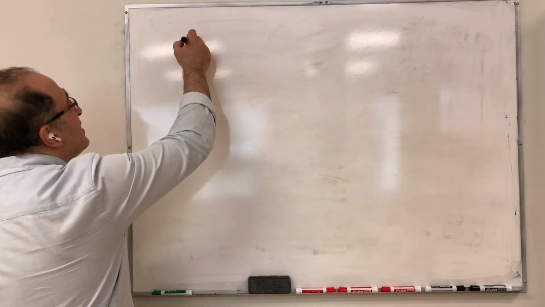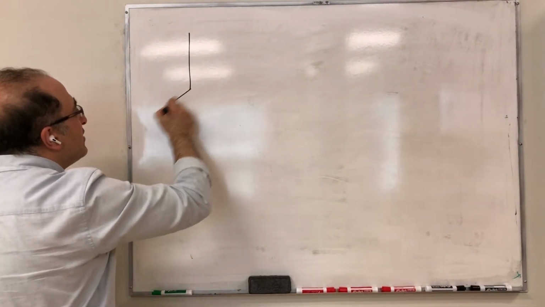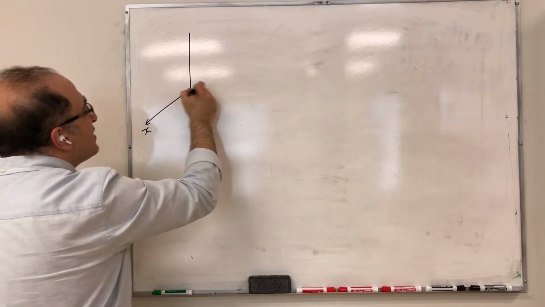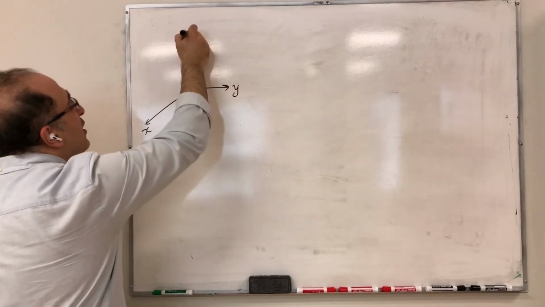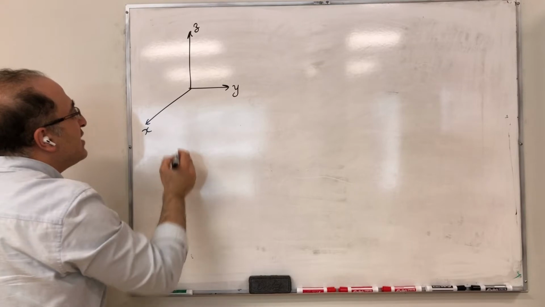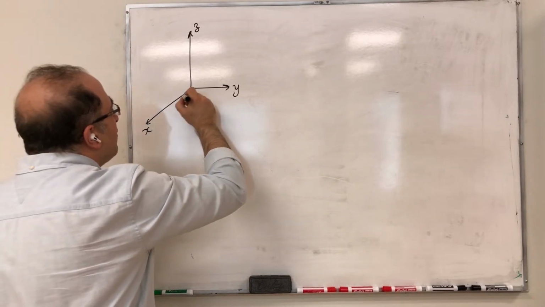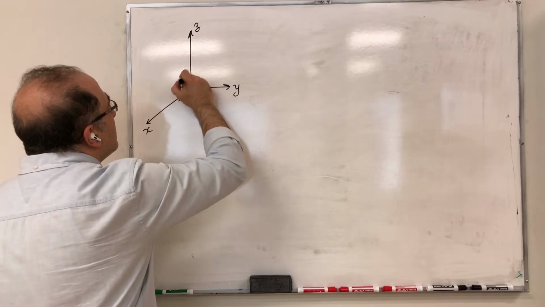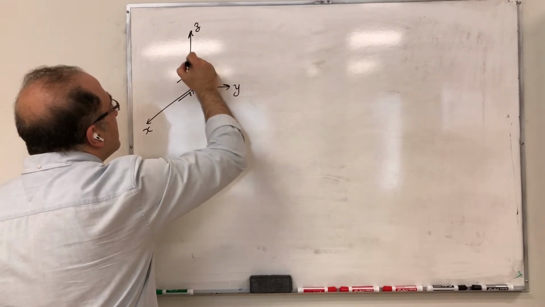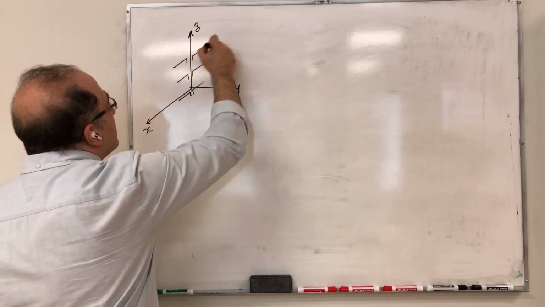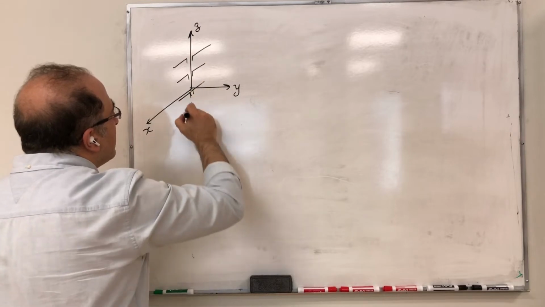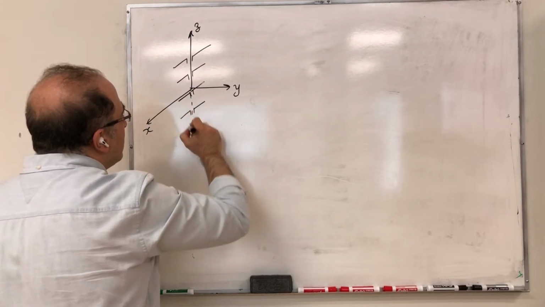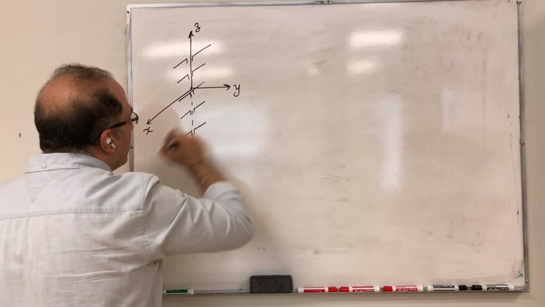Okay, let's end this lecture with an example. So let's assume that this is our coordinate system. This is x, this is our y, and this is our z. And we have 5 antennas, here, and here, and here.